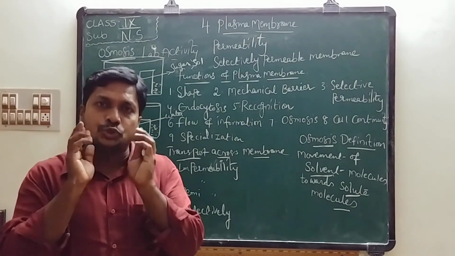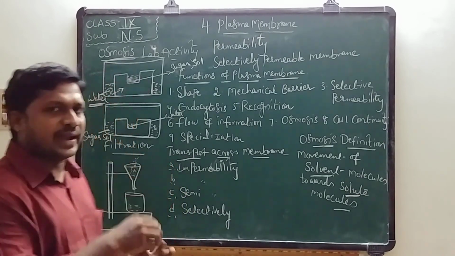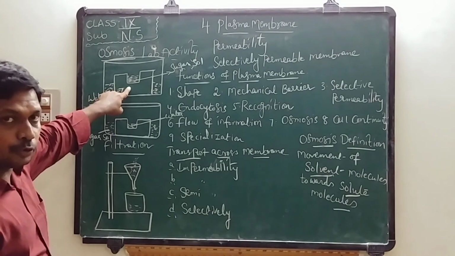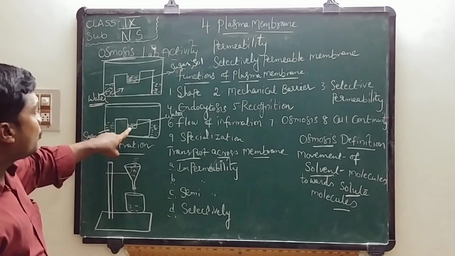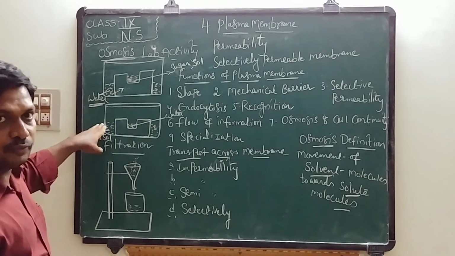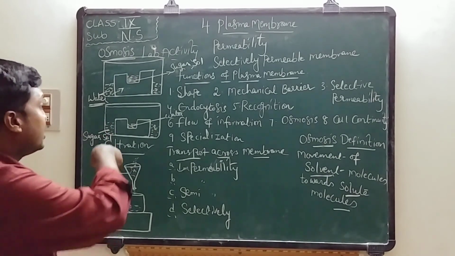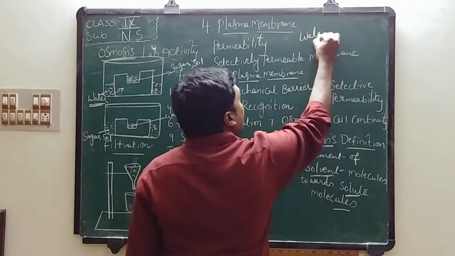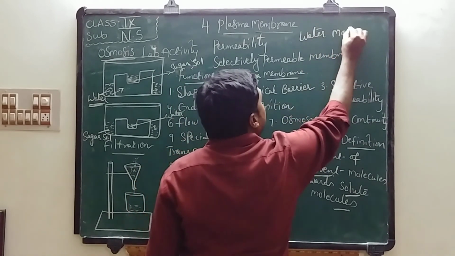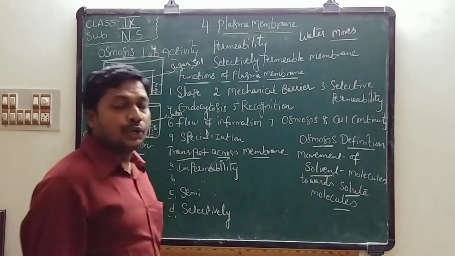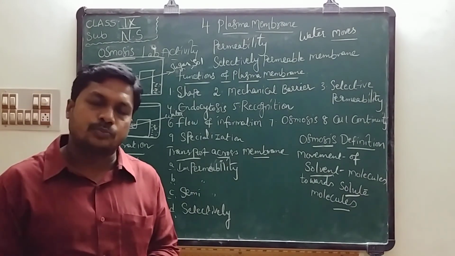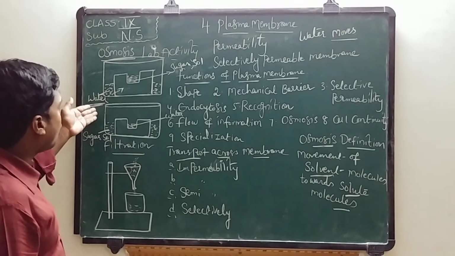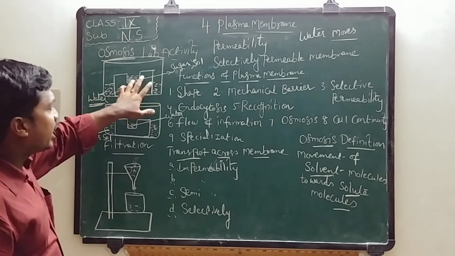We can find that water only moves from one place to another place. That is due to a process known as osmosis, the movement of solvent molecules. Here the solvent is water, the solute is sugar.